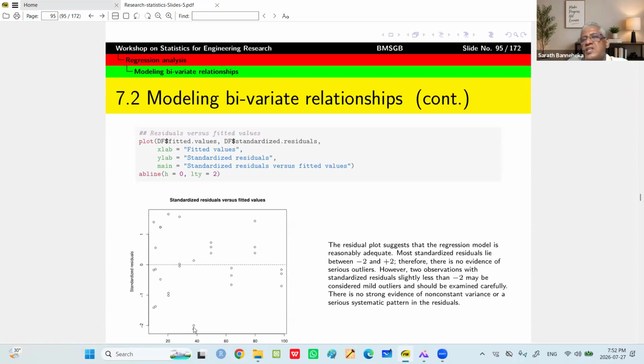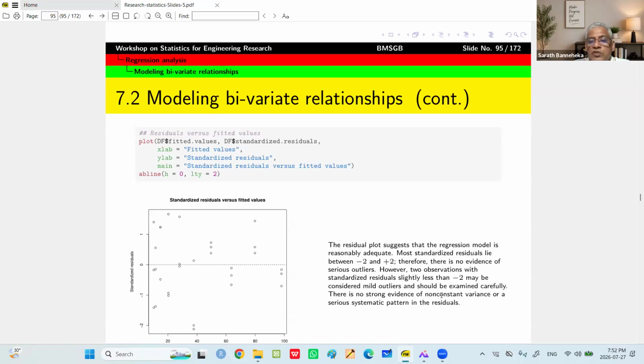We expect about 95% of the residuals to be within -2 and +2, and almost all to be between -3 and +3. But anyway, it's better to look at these two observations which are marginally less than -2 here, right? So they may be considered as outliers and should be examined carefully.